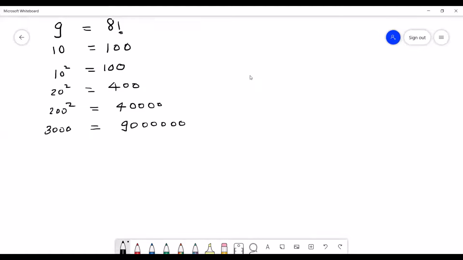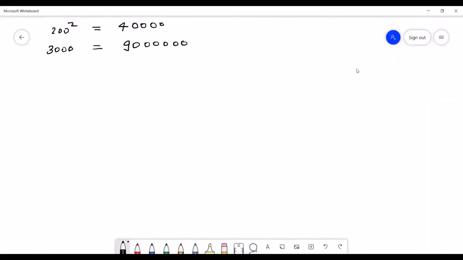Now let us come to the difference of squares of two numbers and numbers between two squares. That is another property that we can see in case of squares.